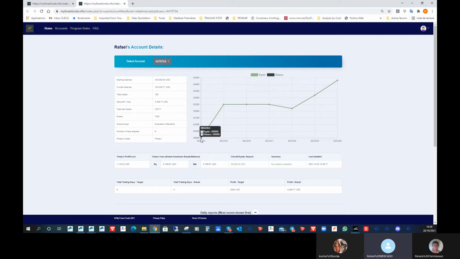Yeah, almost a little more than 1%. It's my fourth day in this challenge. So I think in another week, I will be able to pass it.